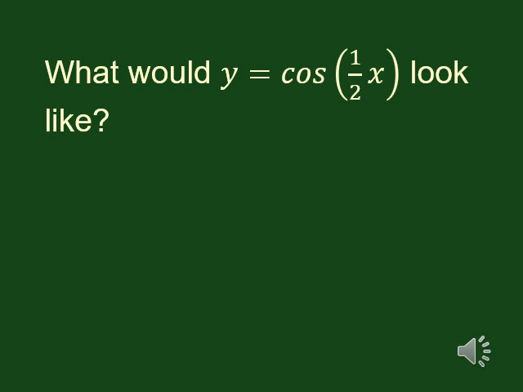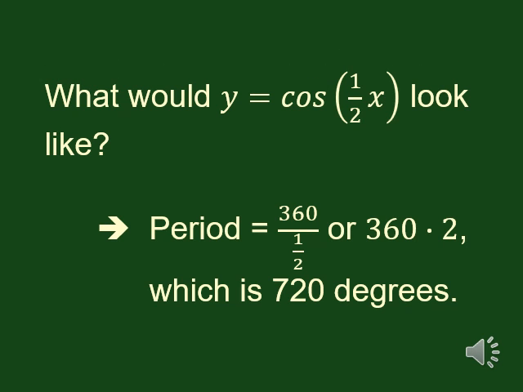I also want you to consider what it would look like if you had the cosine of 1/2 x. Well, the period this time would be 360 over a half. And 360 divided by a half is the same as 360 times 2, which is 720 degrees.